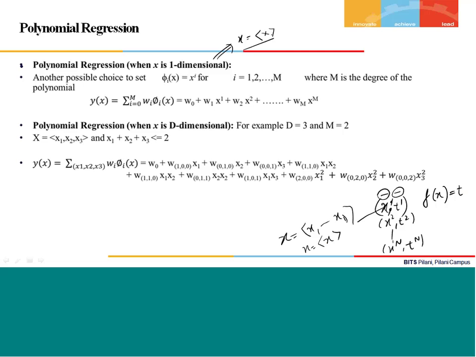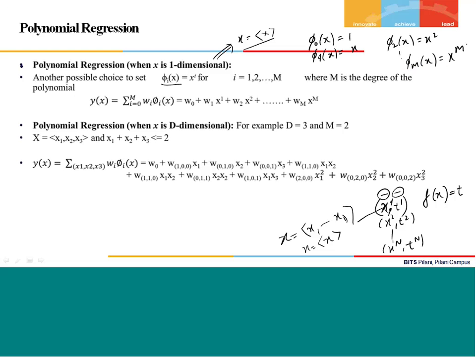Now, for every x you take the basis function such that the ith basis function is x to the power i. For example, I try to find a polynomial of order m.